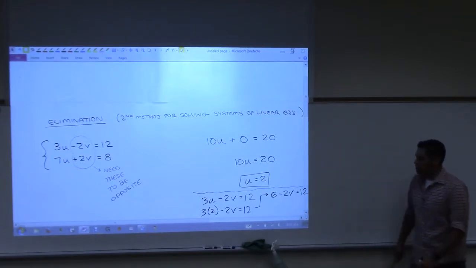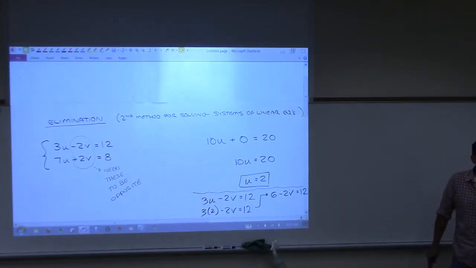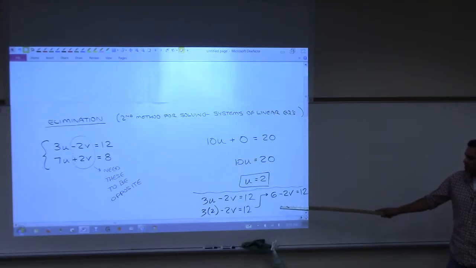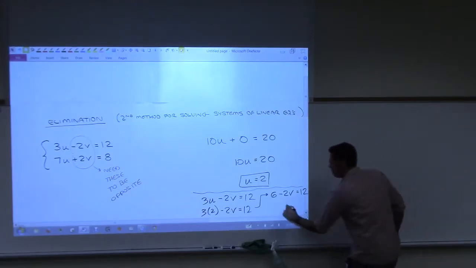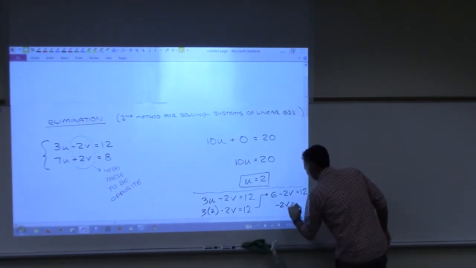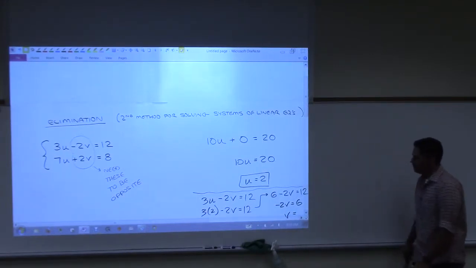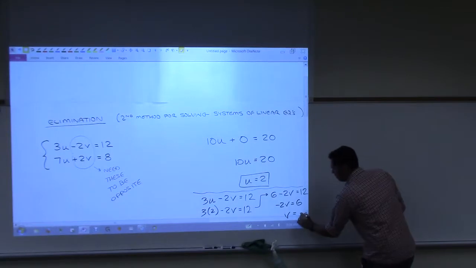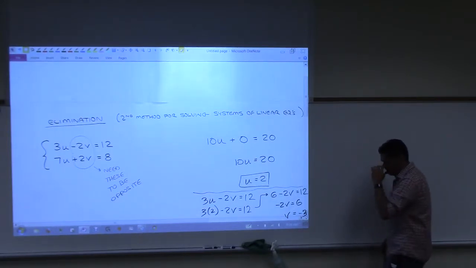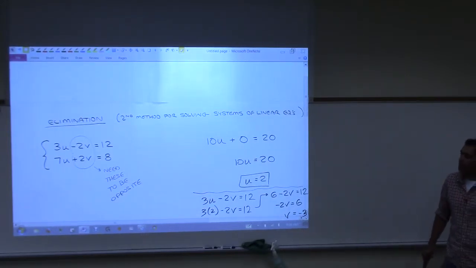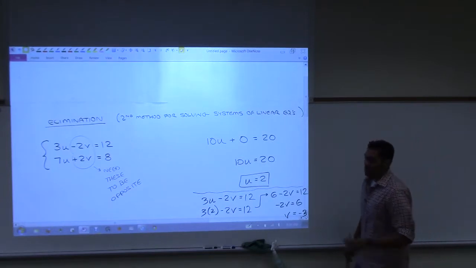And now you can just move things around, solve for v, right? So subtract 6. And divide by -2. What would you get for v? -3, right? Dividing both sides by -2. So v is -3. Now I'm going to write my answer.